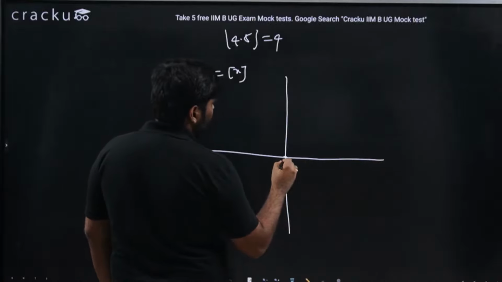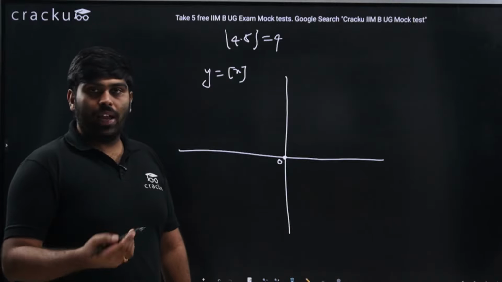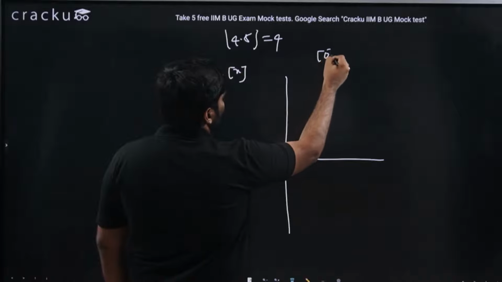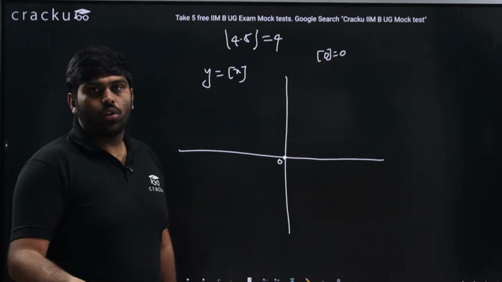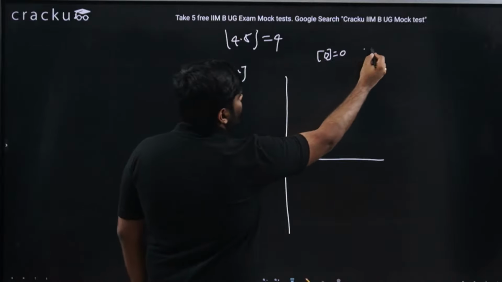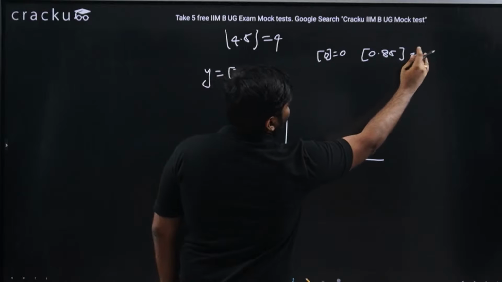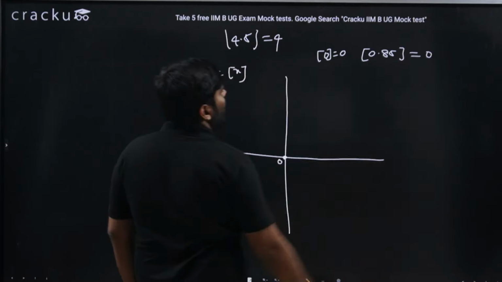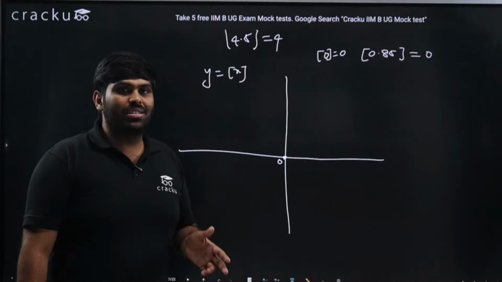Let's say this is the origin. At x equal to 0, what happens, guys? At x equal to 0, the value should be 0, because step 0 is an integer. Any number I take from 0 to 1, say 0.85, the value is 0, because the greatest integer which is less than 0.85 is 0.